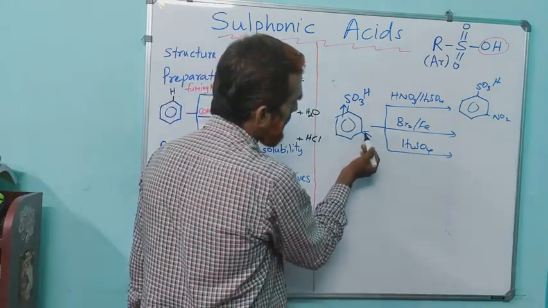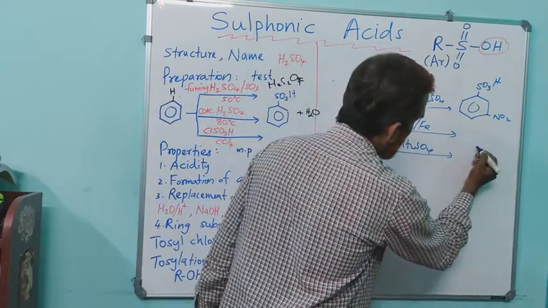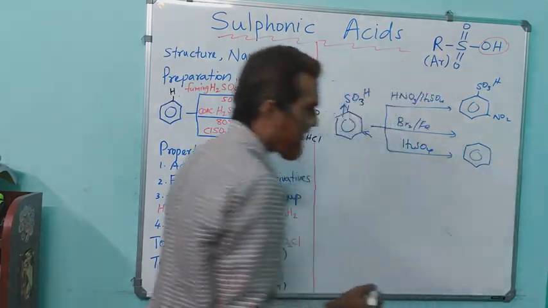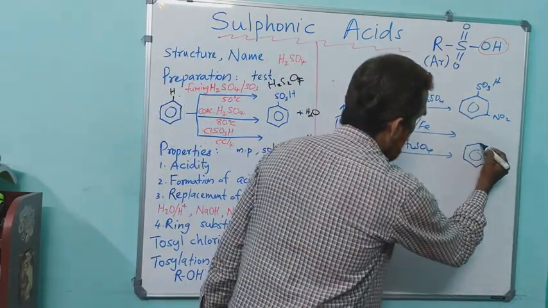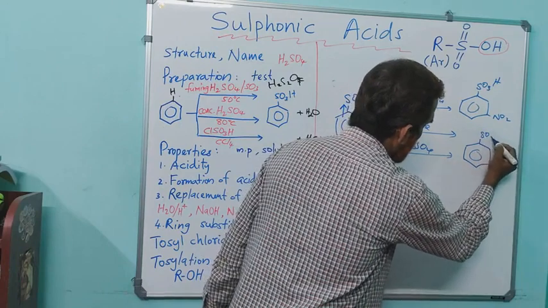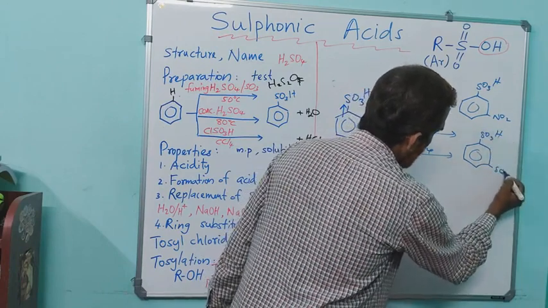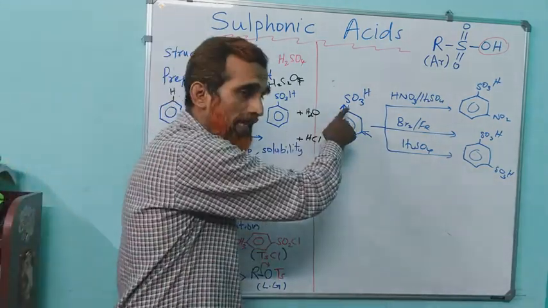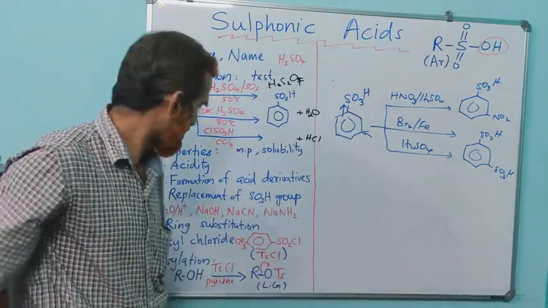Also, you get sulfonation here. That means you get benzene disulfonic acid or 1,3-disulfonic acid. So that is the ring substitution of sulfonic acid. It is deactivating and meta-directing.